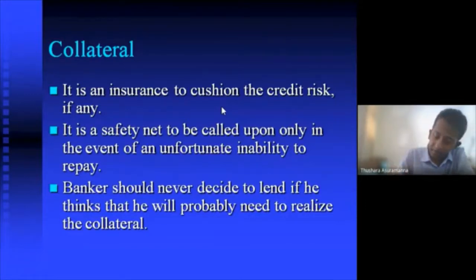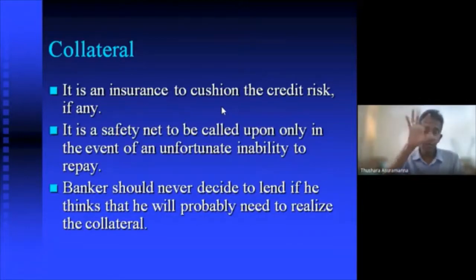And if you think that the loan is not going to repay and you have collateral to realize to settle your debts, that's not a good lending decision also. But this is insurance. This is being used to unfortunate situation. So you need to keep that in mind when we take collaterals in lending.